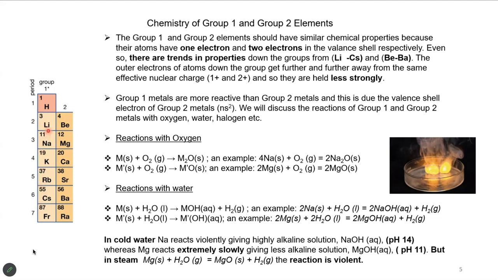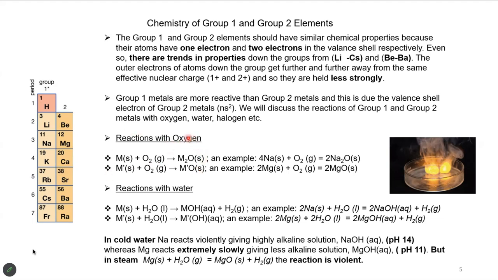So their properties should be similar. Even though their properties should be similar, there is a trend, and that trend we will discuss. Similarly, for beryllium to barium, the properties should be the same according to valence electron, but there also there is a trend. We'll talk about this trend while we are talking about reactions.